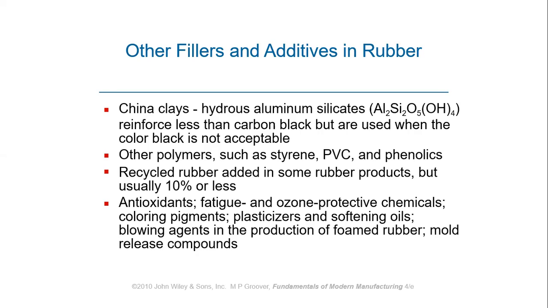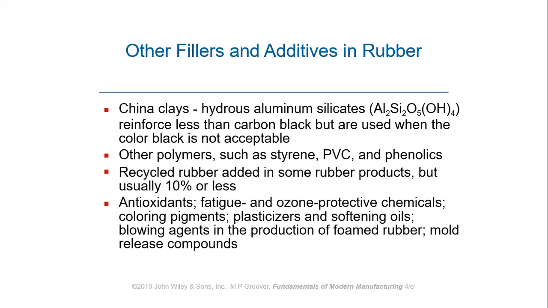And sometimes you need to add color and plasticizers for softening oils, and blowing agents to produce foamed rubber. If you want to manufacture foamed rubber, which has a cellular structure inside, then blowing agents are used, like hydrogen peroxide, which acts as a blowing agent that gets trapped in the rubber to create the foam.